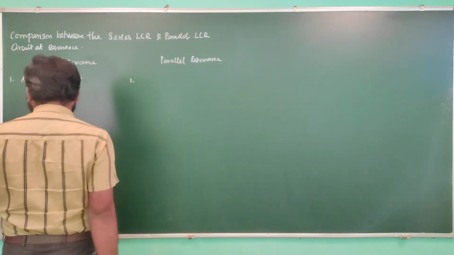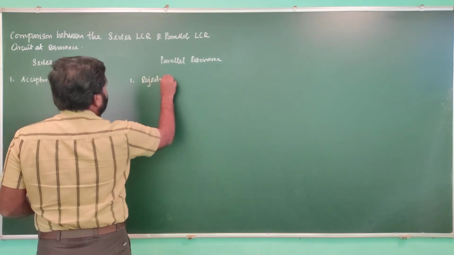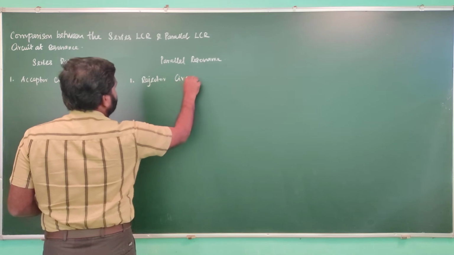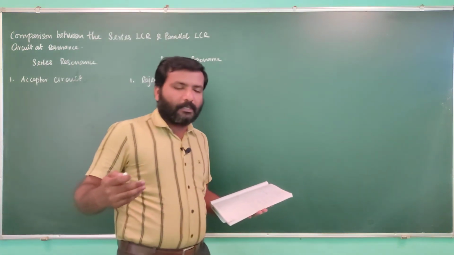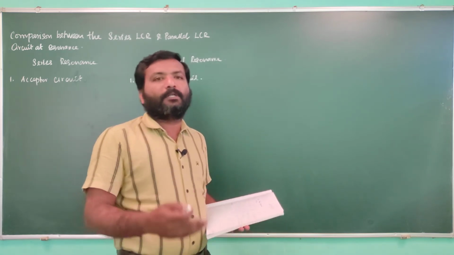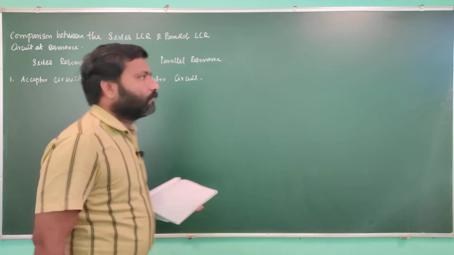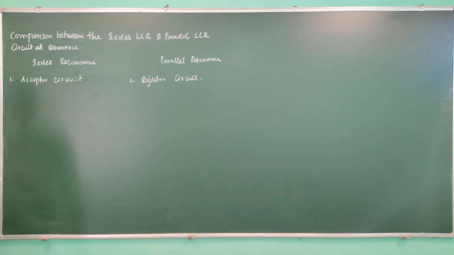Whereas in parallel resonance it is a rejector circuit, so that at resonance the unwanted frequency is suppressed. Here the wanted frequency is filtered out.